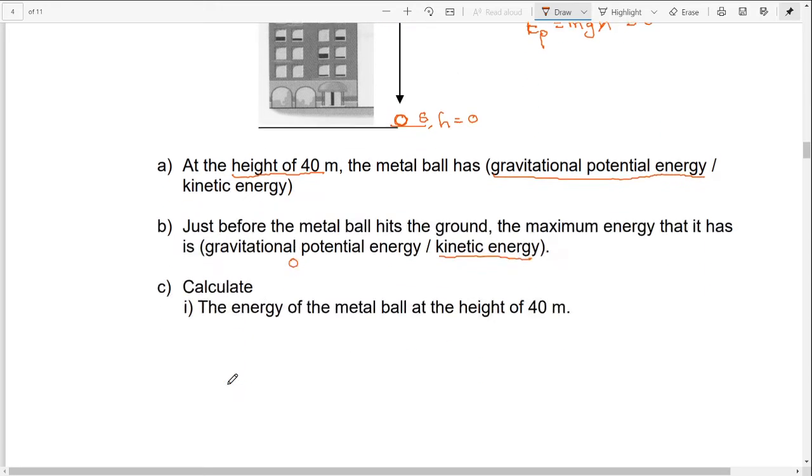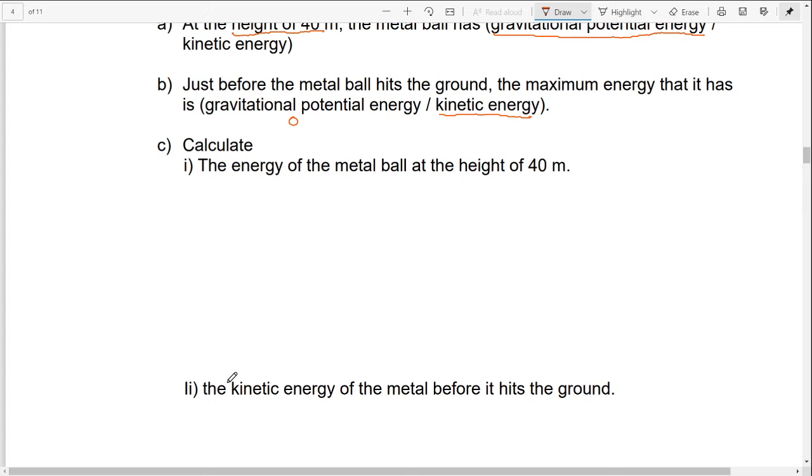Okay, C. Calculate the energy of the metal ball at the height of 40 meters. It asks for energy, so it is very simple. At the height of 40 meters, what energy does it possess?